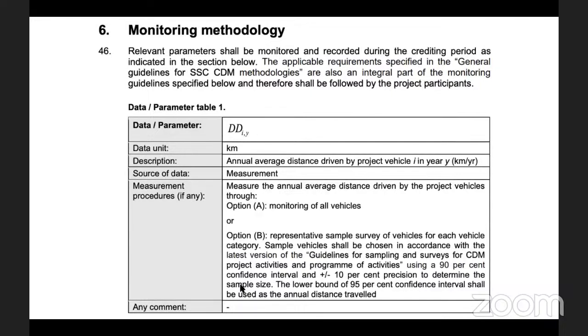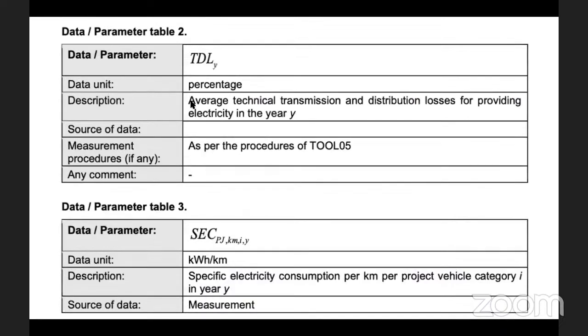The lower bound of 95% confidence interval shall be used as the annual distance traveled.